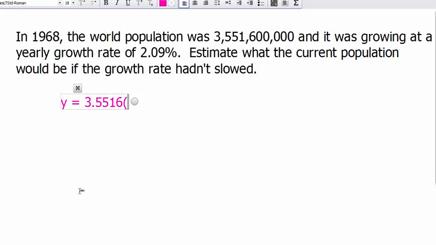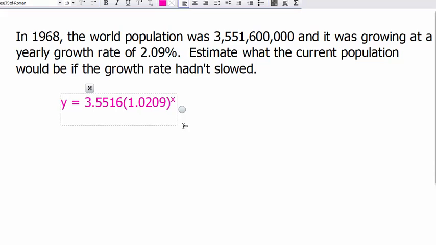And what is our growth rate going to be? We need to do 1 plus the growth rate. And the growth rate needs to be a decimal, which means I need to move 2 decimal places. And that's going to be taken to the power t, or x. What number do we plug in?